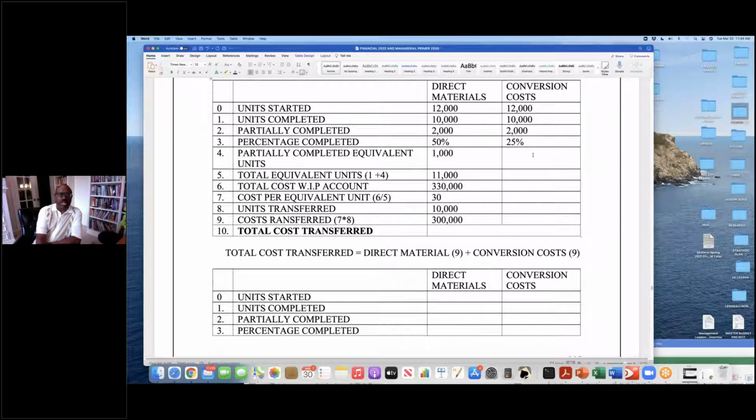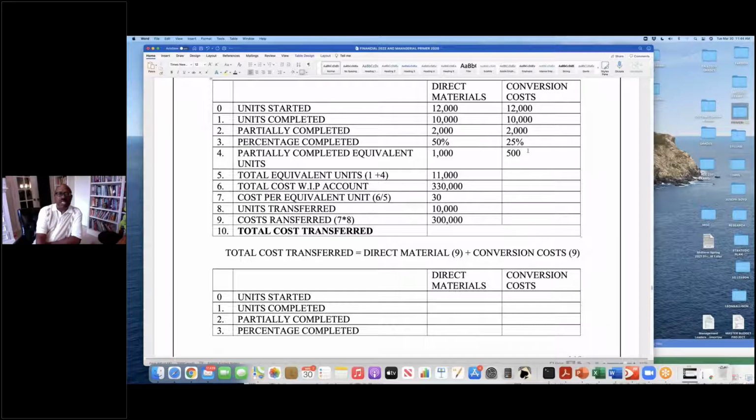So we're looking at, okay, how much of the conversion costs are going out? So what's our equivalent? So the 2,000. 500. So that's going to be 500. So direct materials refers to just the raw materials used, and the conversion cost will be the labor and overhead used to convert the raw materials to a finished product. Yes. Correct. Okay.